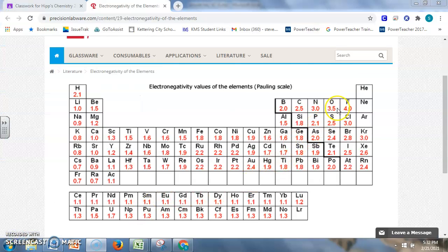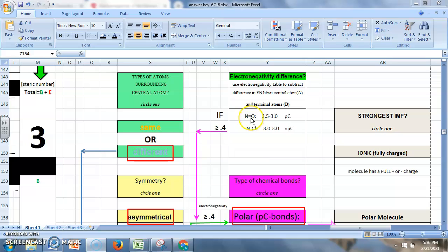So here we go. We've got oxygen at 3.5. The nitrogen that it's attached to is 3.0. That's a 0.5 difference. So we have a polar bond there. We have a nitrogen bonded to the chlorine. That's 3.0 and 3.0, that would be nonpolar. So as we mentioned, the oxygen double bonded to the nitrogen would be a polar covalent bond.